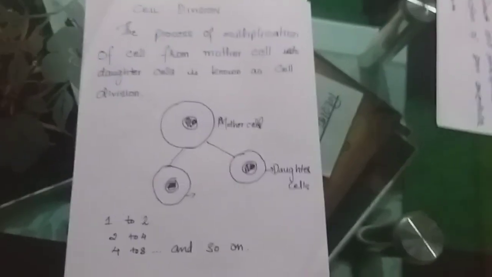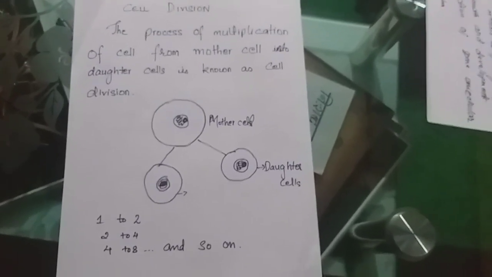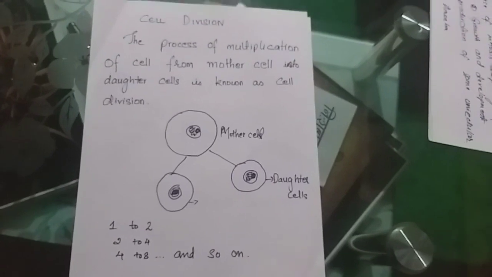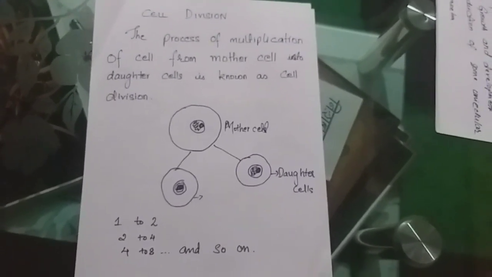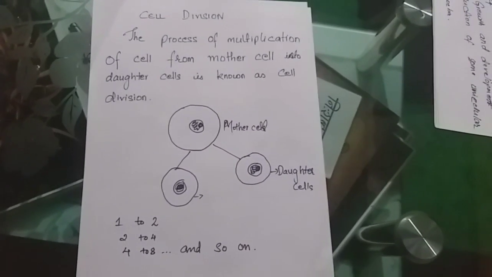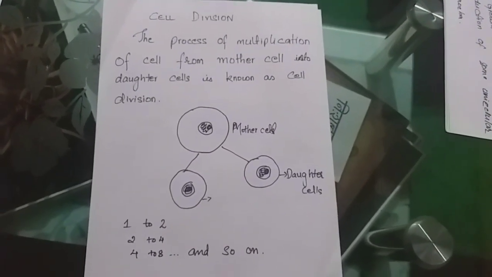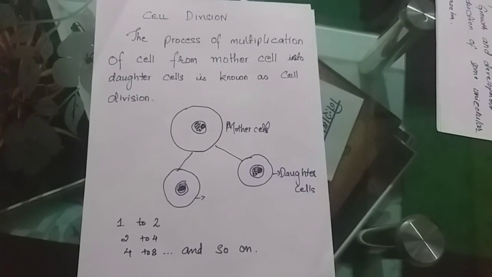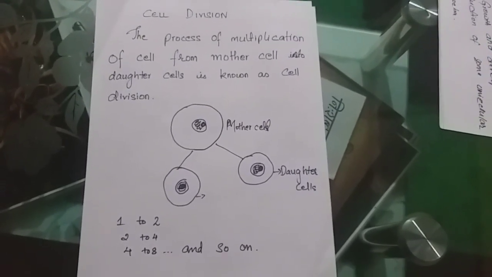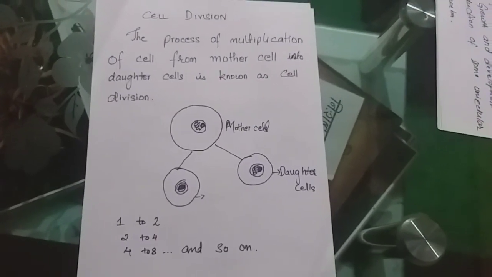We all know that every living organism at the start is composed of only one cell, and that cell slowly divides and forms the multiple organs of our body, and also gives shape to our body. That is why the cell is also known as the structural unit of life.